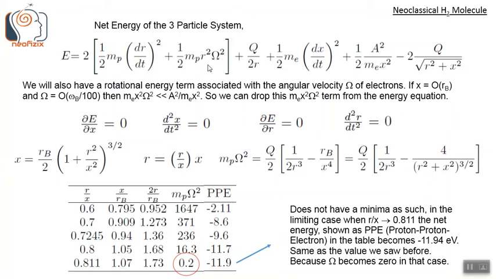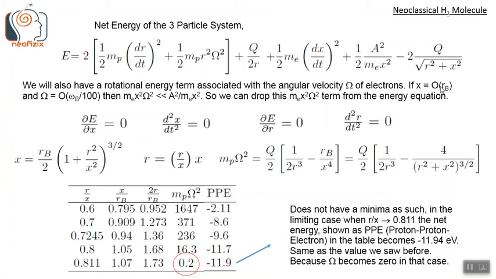This term is the proton energy, this is the electron energy, and this is the potential energy of the proton. We will also have a rotational energy term associated with the angular velocity big omega of the electrons. That is because the plane of revolution of the electron itself is rotating with this angular velocity big omega. The electron will also have a rotational energy term because of that.